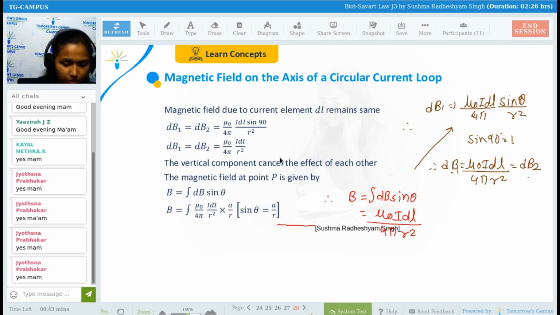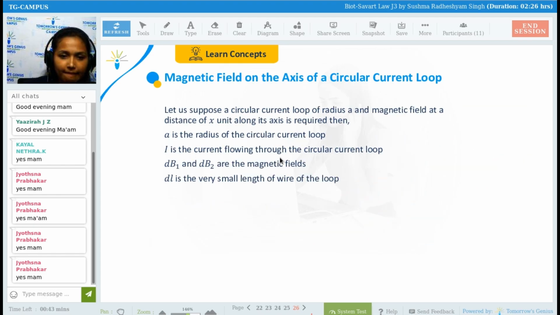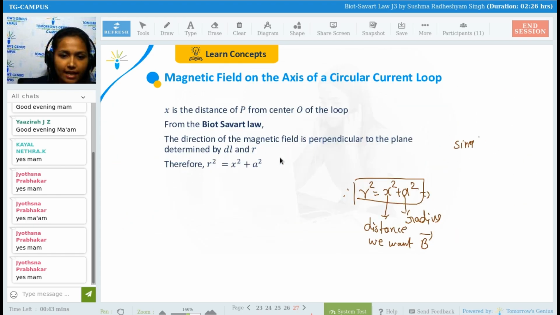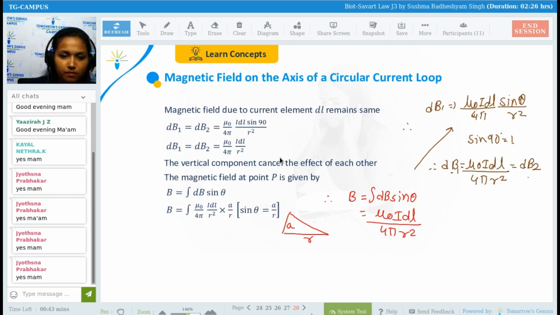The diagram looks like this. See, this is your r. This is your a. And this is your x. This is your r, this is your x, this is your a. If this is your angle theta, then sin theta is opposite upon hypotenuse.